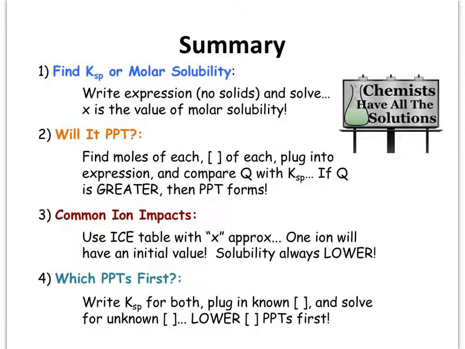And there's also a which-precipitates-first type of problem, where you're looking at two substances and trying to figure out which one will come out of the solution first. So these are the four problem types that we are going to look at, and you'll see how to solve each of them.